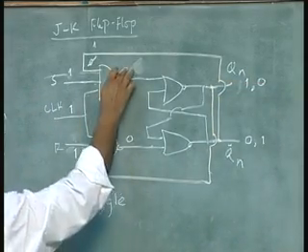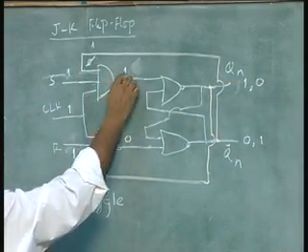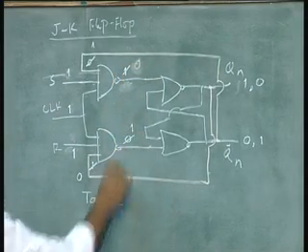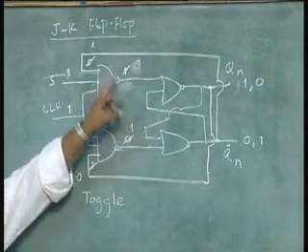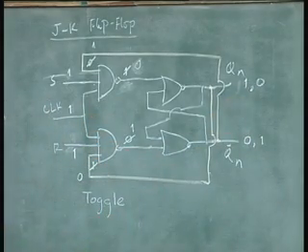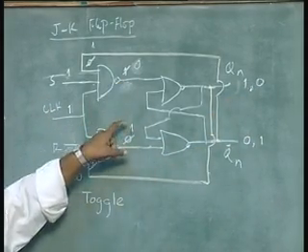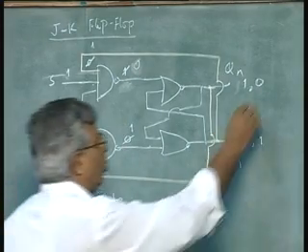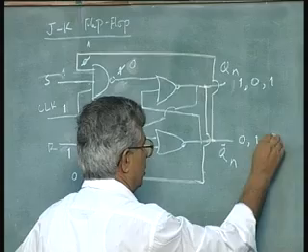So now, because it's a 1 1 1, this input becomes 0, this becomes 1, and there is a reversal of the condition. Earlier it was a 1 0, which resulted in a 0 1 and a reset condition. Now with 0 1 as the input, the RS latch gives you a 1 0 or a set condition.